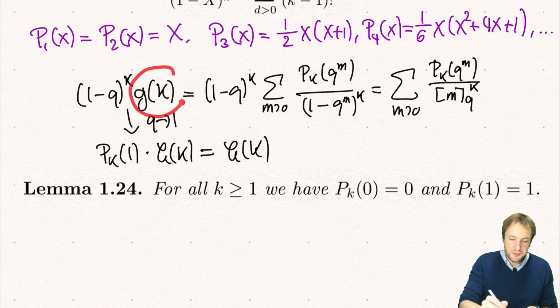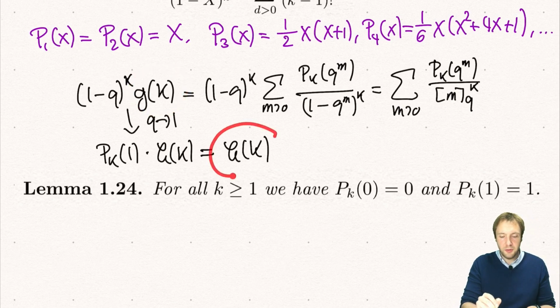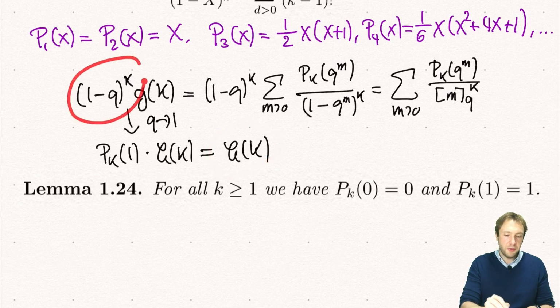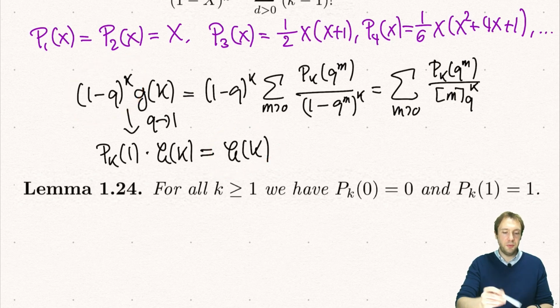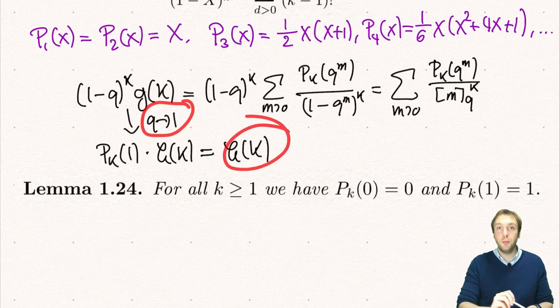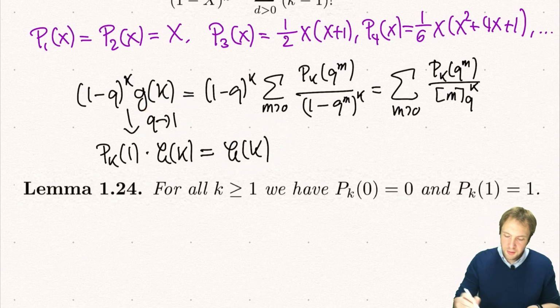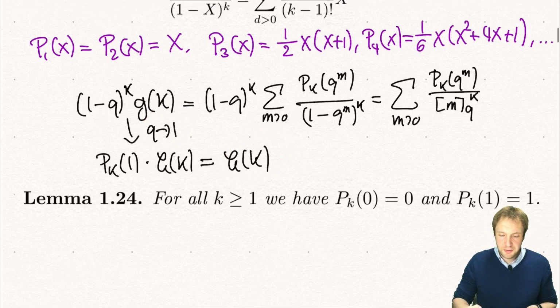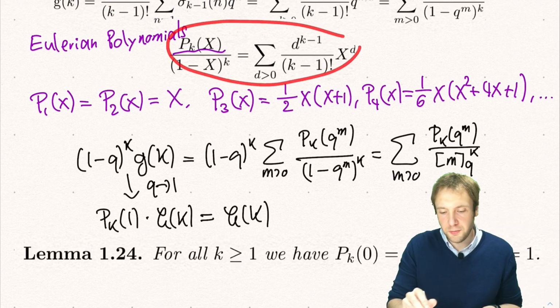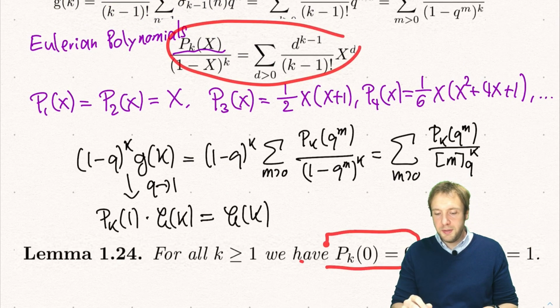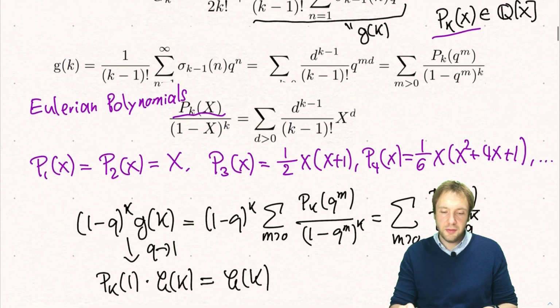So this small g_k is a modified q-analog of zeta(k), because after multiplying with this (1 minus q)^k and sending q to 1, we get zeta(k). And also what you see, which is quite obvious from the definition, is that p_k at 0 is 0.